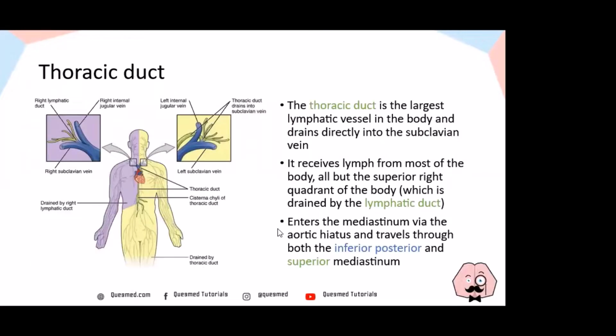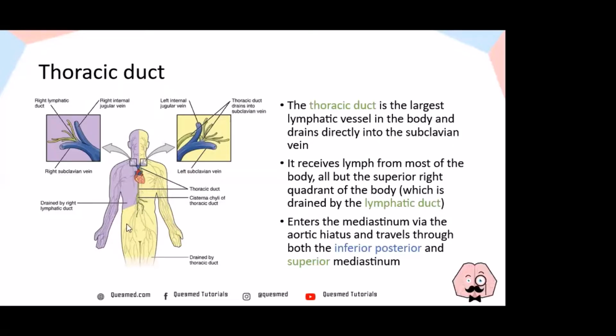So the thoracic duct is the largest lymphatic vessel in the body. It ultimately drains into your left subclavian vein, but it receives lymph fluid from most of your body. So it starts up in the abdomen, and it enters the thorax and passes up the thorax and then arches around and enters your left subclavian vein.